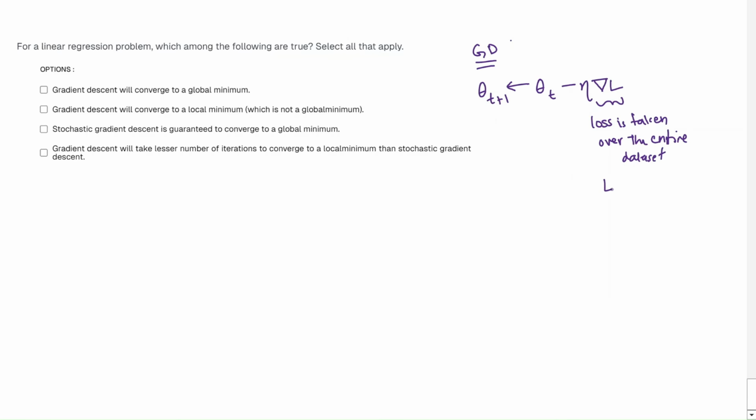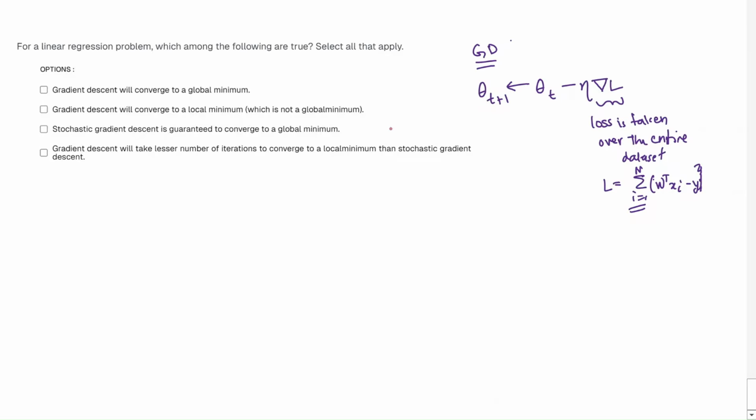Remember that the loss function in linear regression looks like this: sum over i running from 1 to n, of W transpose xi minus yi, whole square. And if you're including all data points, then it is gradient descent.